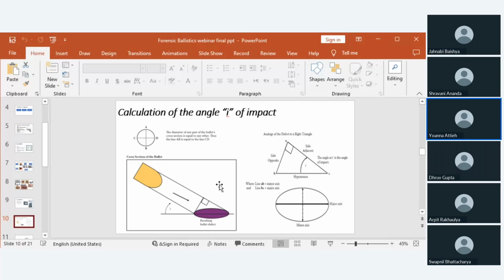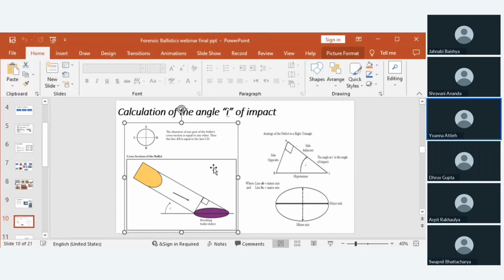Okay, let me explain. Can you see the pointer? Yes, ma'am, it is visible. All right. So this is the I angle. The I angle here, guys, is equal to this angle here. Okay, I will draw something.